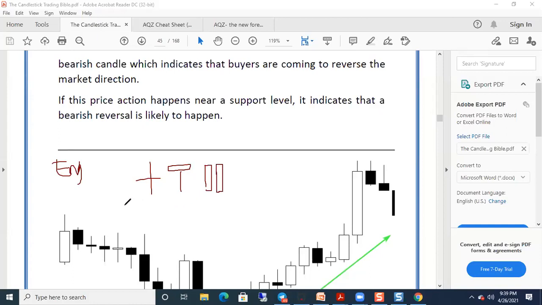I think that was all we covered. The engulfing had 2 parts. It was either bullish or bearish. These other ones, yeah, the hammer could be bullish or bearish, but basically we don't care about that. These other ones are indecision candles. We wait to see what price will do.